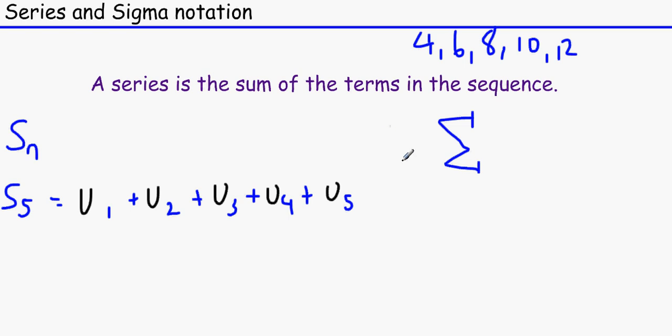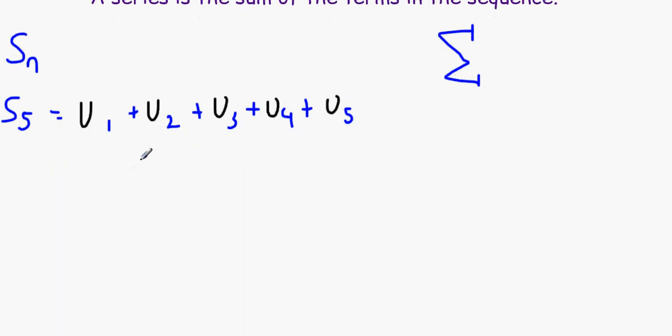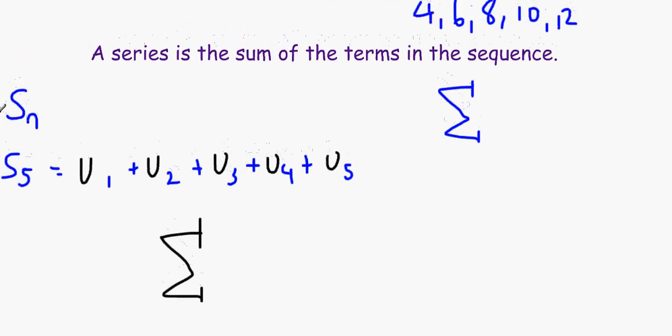If you wanted to find the sum of all these, we would write it like this. I'm going to explain it, so don't be baffled when I write it. It would be the sum from r equals 1 to 5 of 2r plus 2.